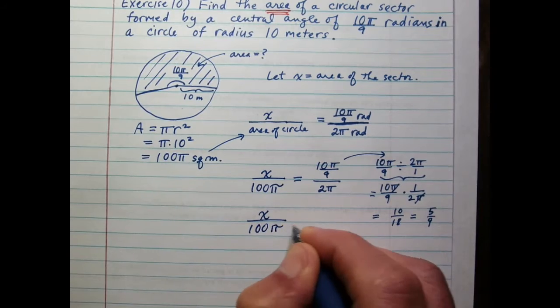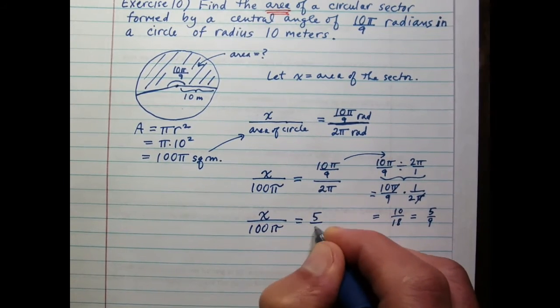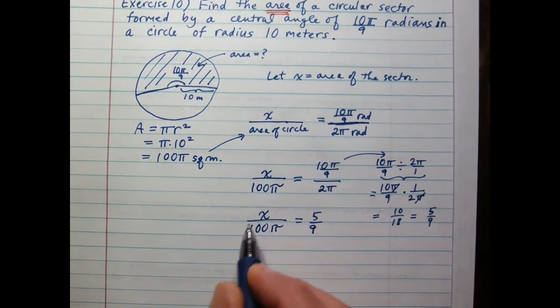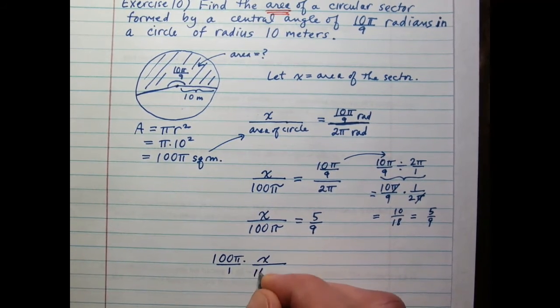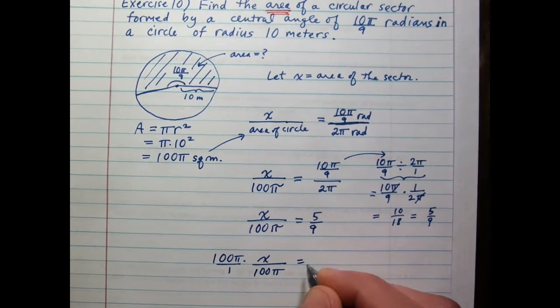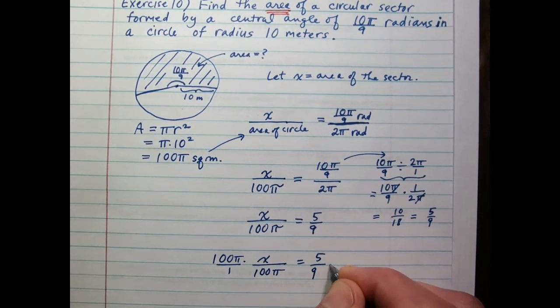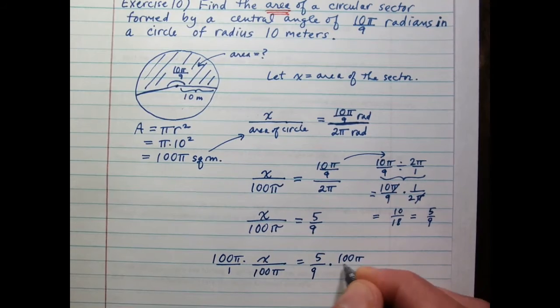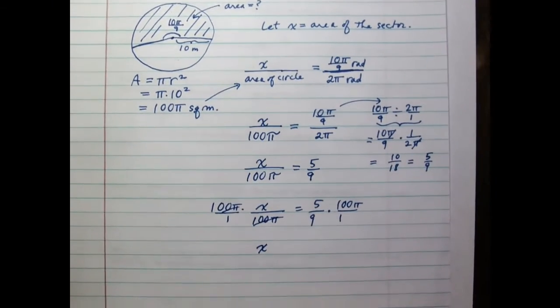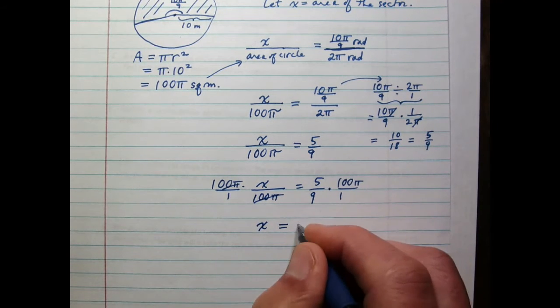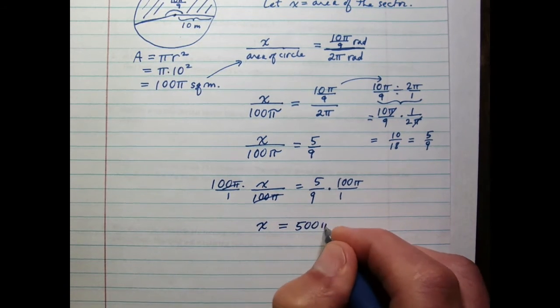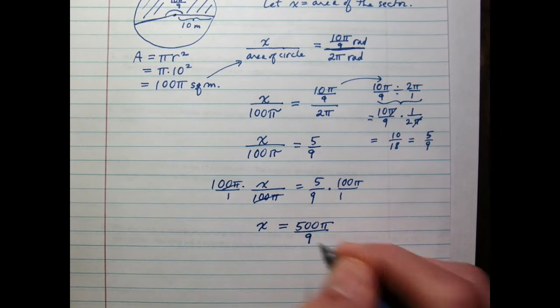X over 100 pi equals 5/9. And now I just need to multiply both sides by 100 pi. And I have x is equal to 500 pi over 9.